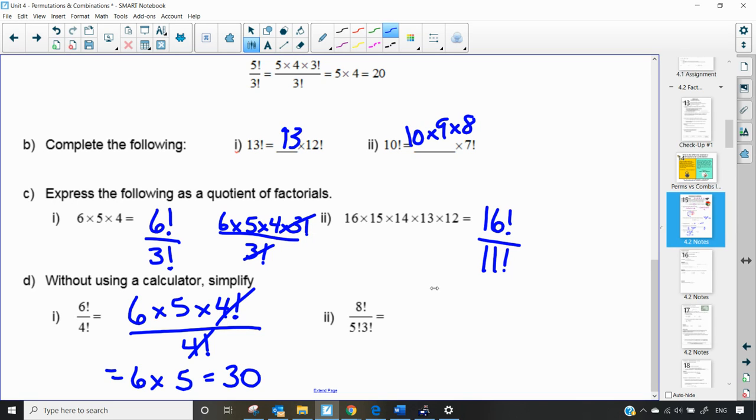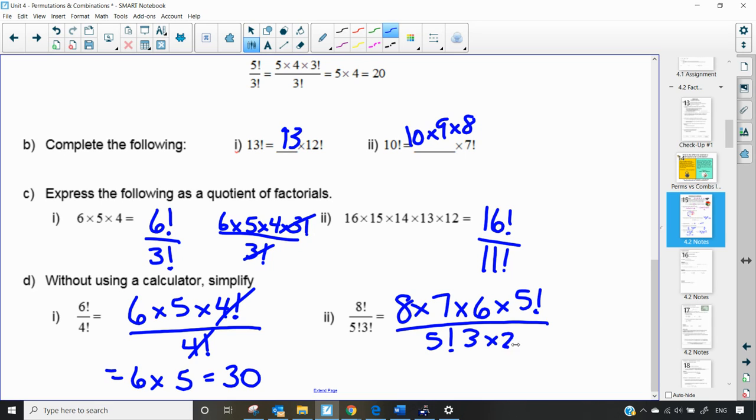If I've got 8 factorial over 5 factorial and 3 factorial, I'm going to again start by breaking down my bigger number, but I might have to do some other pieces as well. So 8 is the biggest number, so that's what I'm going to start breaking down. 8 times 7 times 6 times, I see a 5 factorial in the denominator, so that's where I'm going to stop. Now underneath I've got the 5 factorial. 3 factorial I haven't got on the top, so I'm going to break down the 3 factorial.